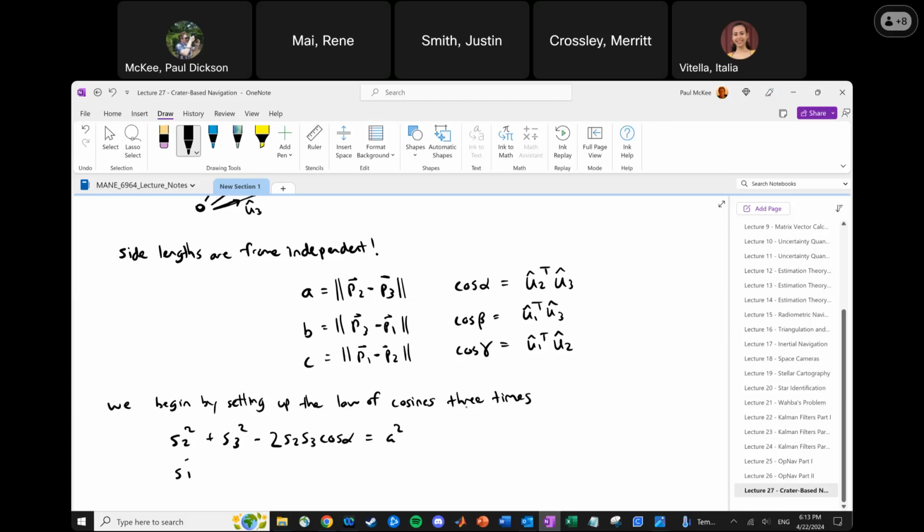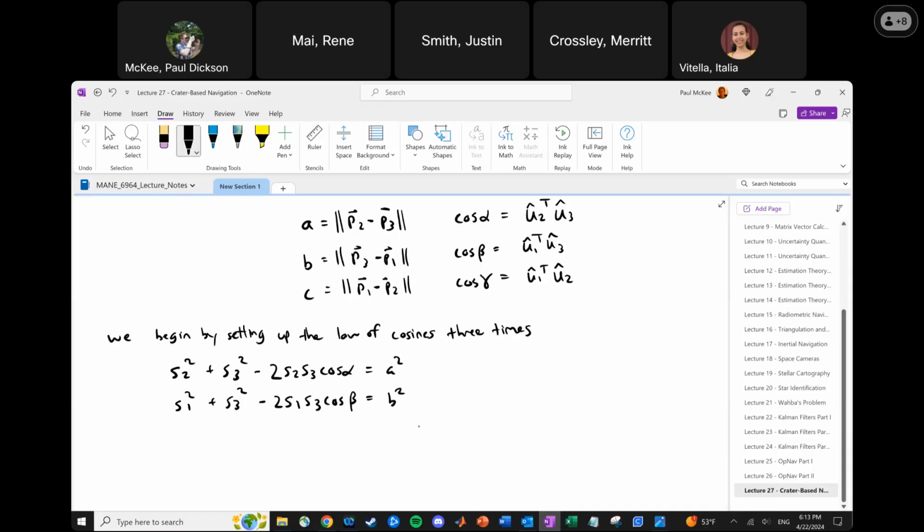Similarly, S1 squared plus S3 squared minus 2 S1 S3 cosine of beta, that's B squared. And then we have S1 squared plus S2 squared minus 2 S1 S2 cosine of gamma is C squared. And this gives us a case of 3 equations and 3 unknowns, where the 3 unknowns are S1, S2, and S3.